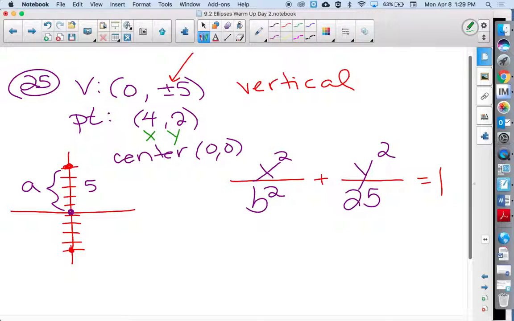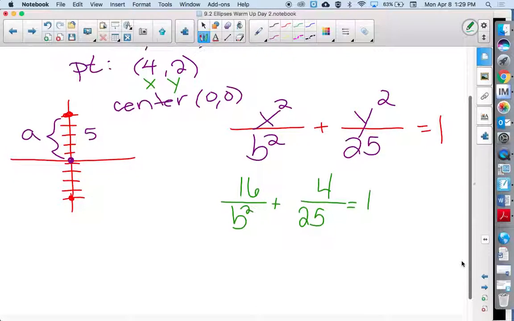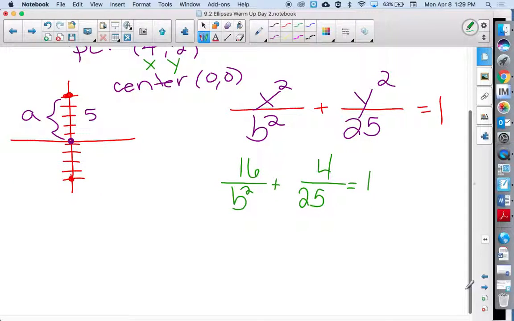So x squared is 16. Y squared, well, y is 2, so that should be 4. So now we have 16 over b squared plus 4 25ths equals 1.